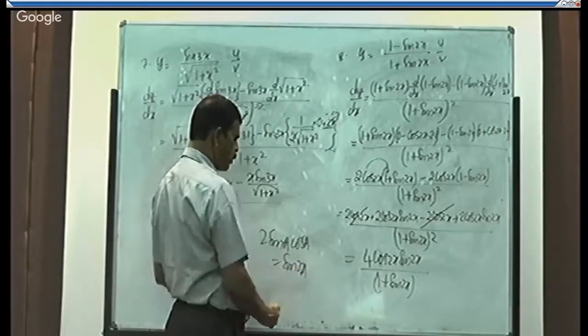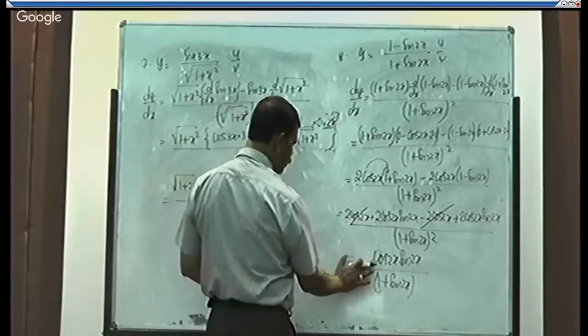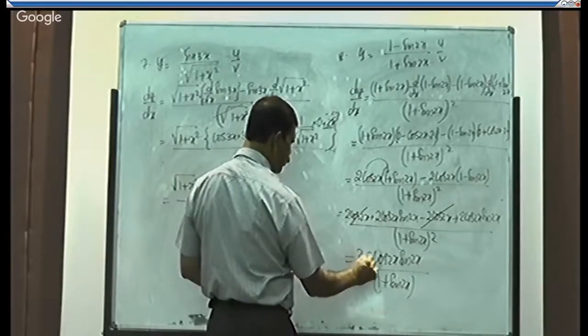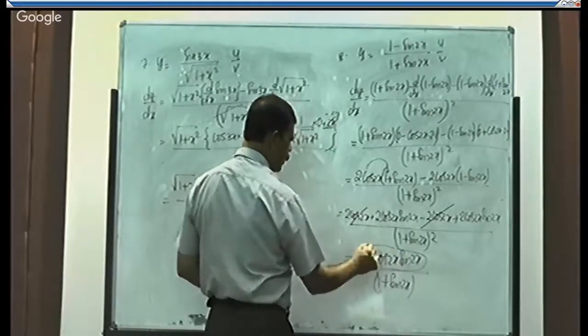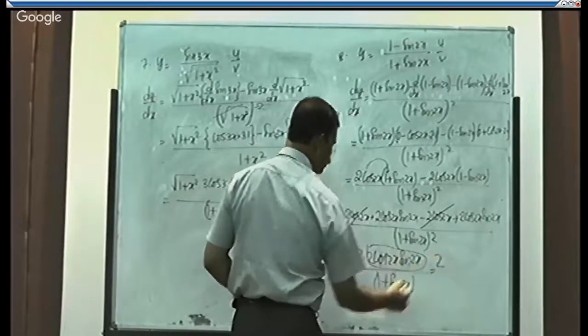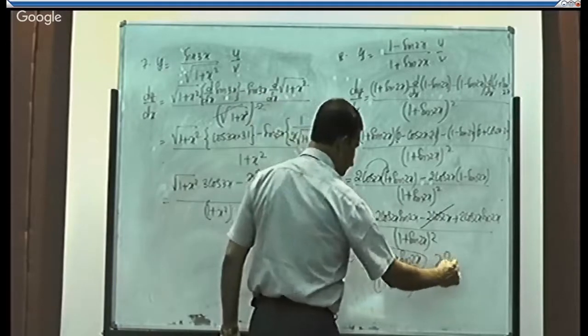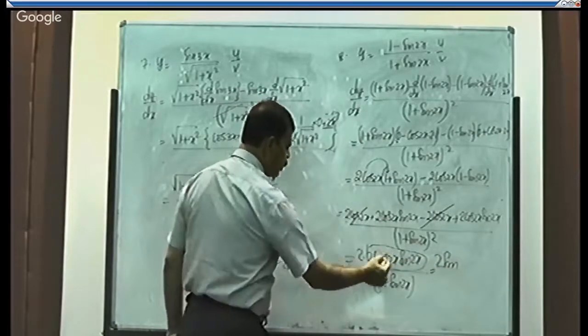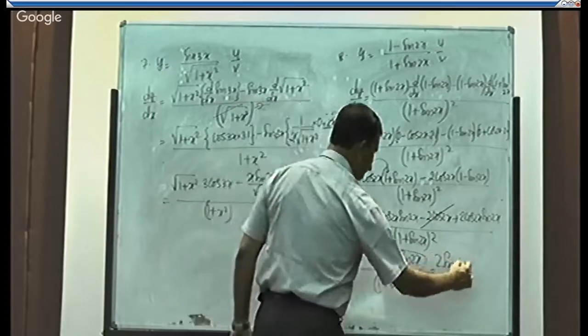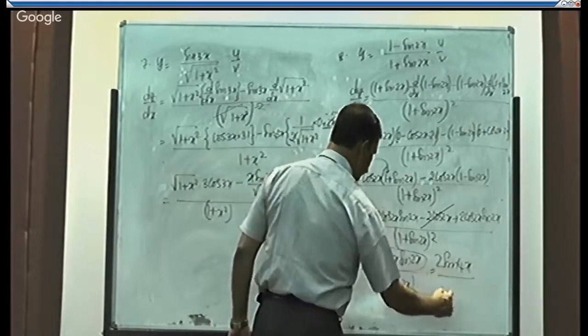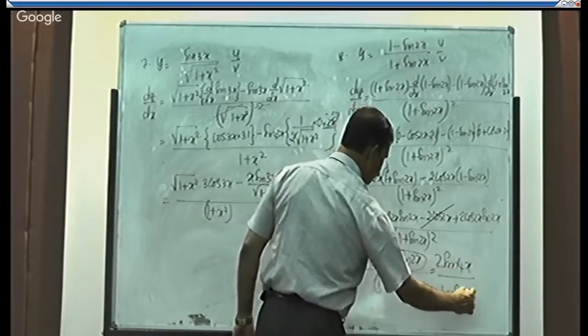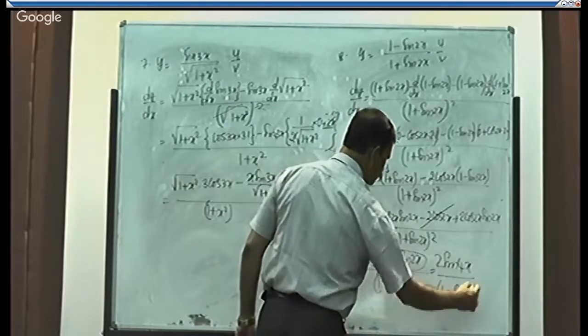If I write according to that, it becomes what? 4 can be taken as 2 into 2. That is 2 into 2 sin a cos a, which is sin of 2a. 2a is what? 2x. Therefore, it is 4 sin 2x by 1 plus sin 2x whole square.